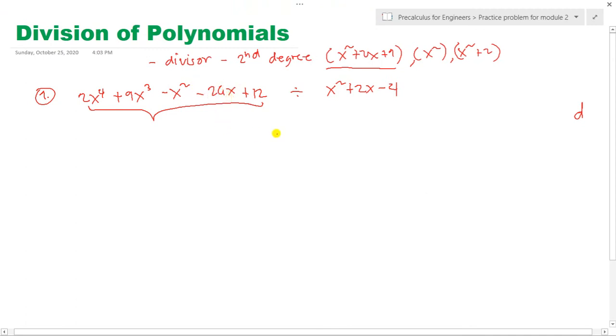So after those, class, so right now ito yung synthetic division bar. So yung bar niya na ating gagamitin. Then isulat mo lang yung mga coefficient ng every term starting from the highest exponent. So we have here 2, next is 9, next is negative 1, then negative 26, and the last one is positive 12. And then sa divisor mo, dito natin lagay.